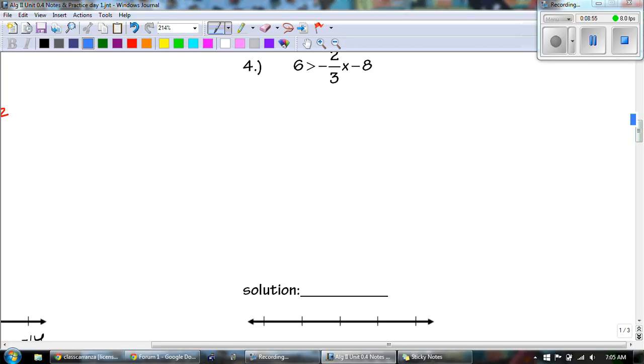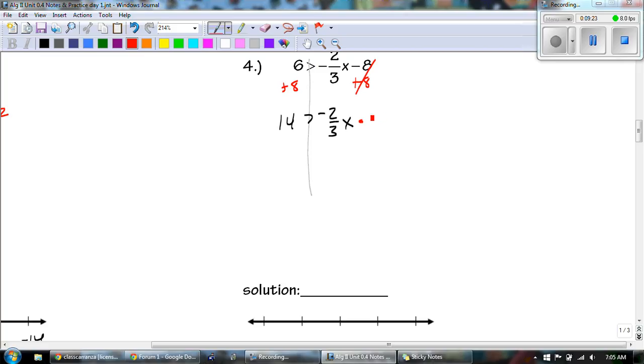All right, number 4. So I'm going to add 8 to both sides because we cancel addition or subtraction first. 6 plus 8 is 14, is greater than, just greater than. Don't be changing stuff to the inequality symbols. Okay.